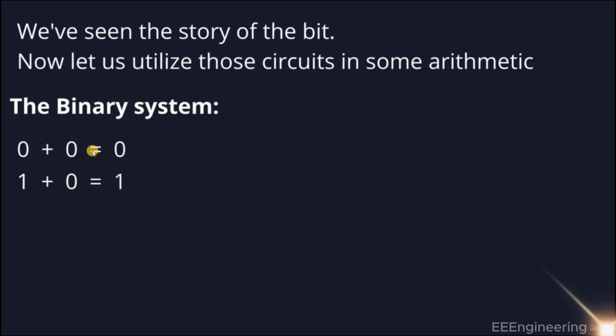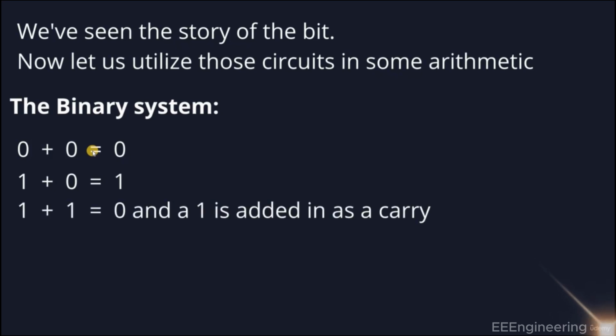And that makes sense. Now they said, okay, what if we have 1 plus 1? They said, okay, the result here is going to be 0, and we have 1 as a carry. It's the same thing as adding 9 and 1. We're going to get 10, which is 1, 0, which is repeating the whole system from 0 to 9 one more time.